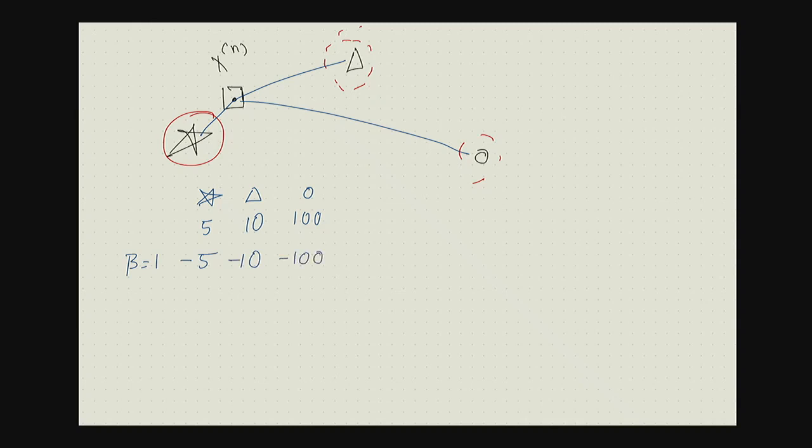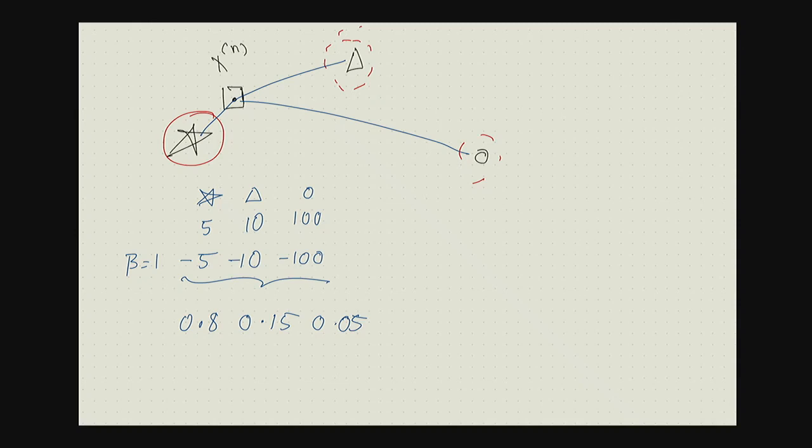And now when we apply this through a softmax operation, we might get something like 0.8, let's say 0.15, and 0.05. And this represents the intuition that we want, which is that the closest cluster center should take the most responsibility for the point that's next to it.